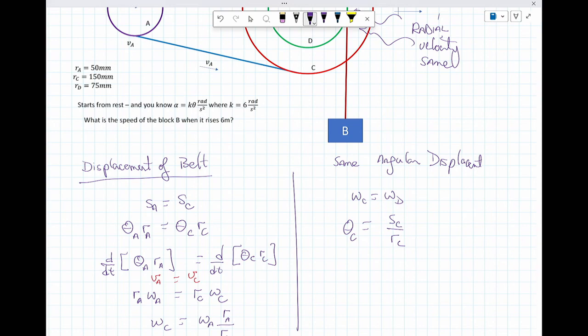And the angular displacement of C is just going to be the arc length traveled divided by RC. All right, so that's okay. And that will also be SD over RD.